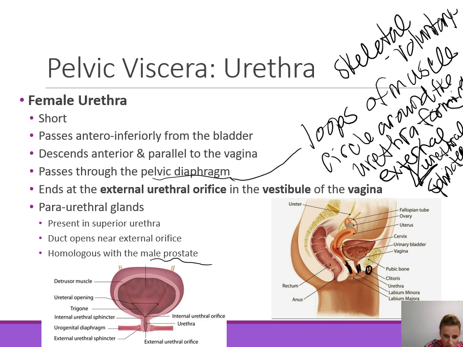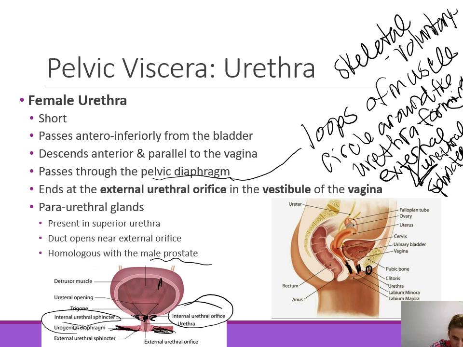So here you see the bladder. The internal urethral orifice is the entry into the bladder right here. And that's where the internal urethral sphincter is formed with muscle from the detrusor muscle that just loops around. The urethra descends and passes through the pelvic diaphragm.